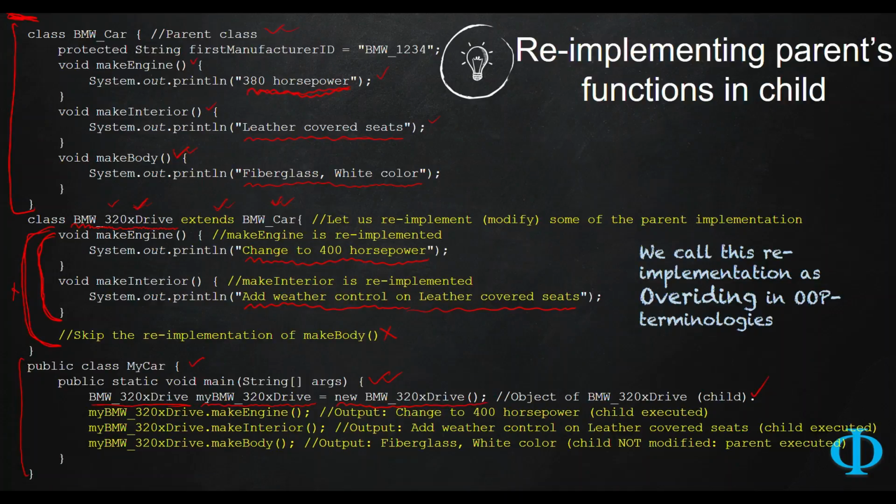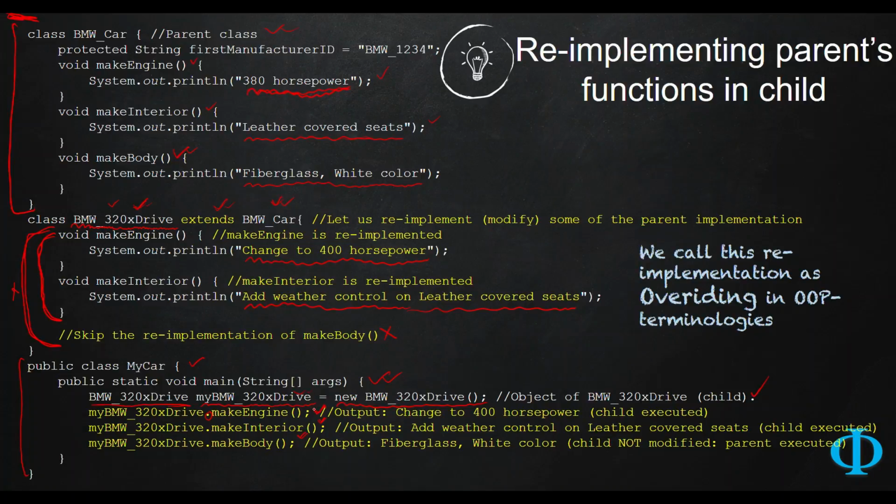And after that, using this object and the dot operator, I am calling all the functions. So first I have called this my BMW 320X drive dot make engine function. Then I have called the make interior function, and finally I have called the make body function of this child class's object.